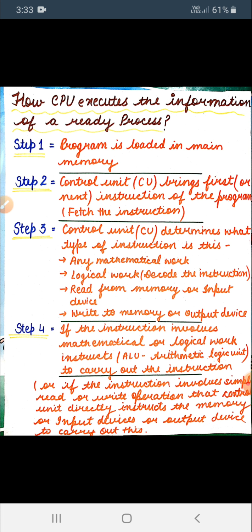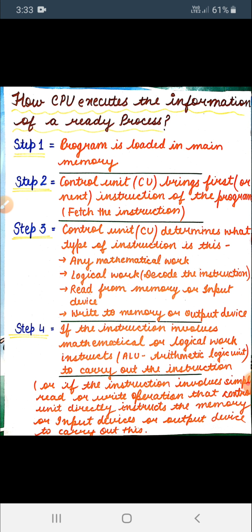Let us understand step number 1. The program is loaded in main memory. Main memory means RAM. Second, after the loading of the program, the control unit brings the first instruction of the program. A program is a collection of instructions.